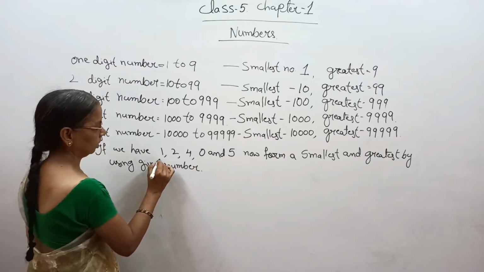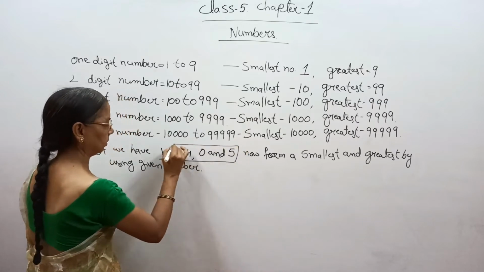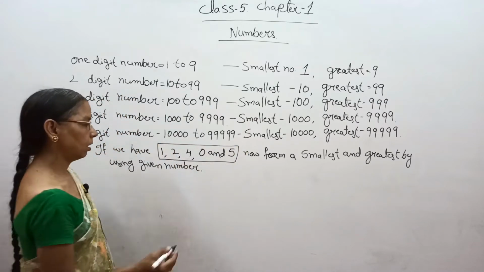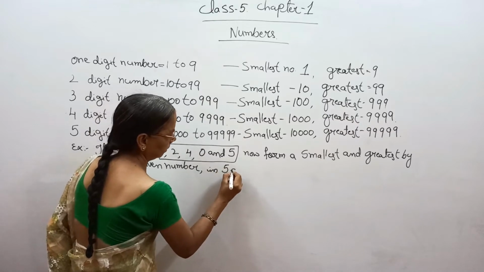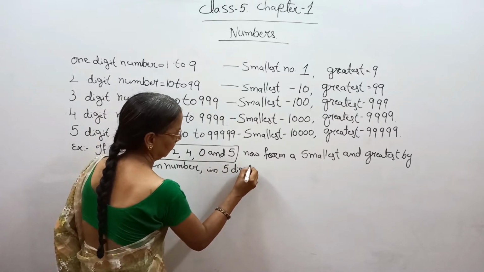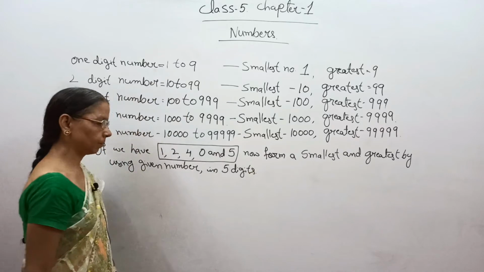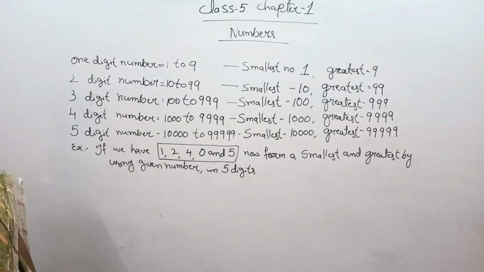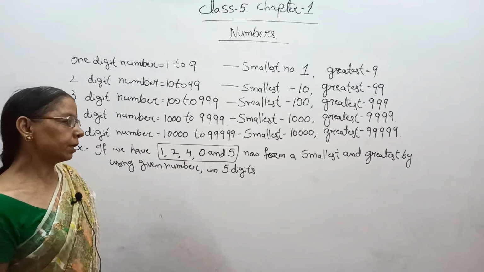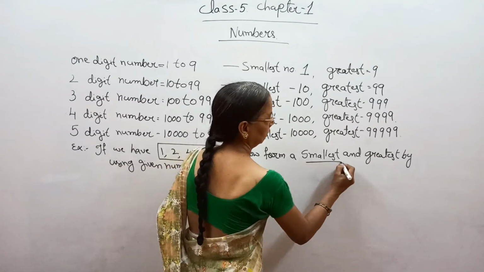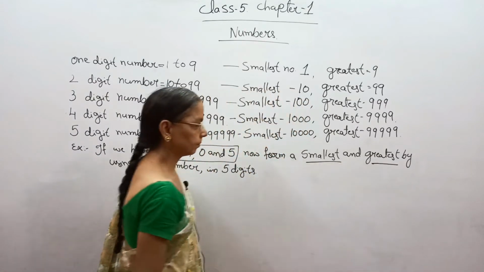That is, using these numbers in 5 digits. Now, how can we form this number into 5 digits, that is smallest and greatest?